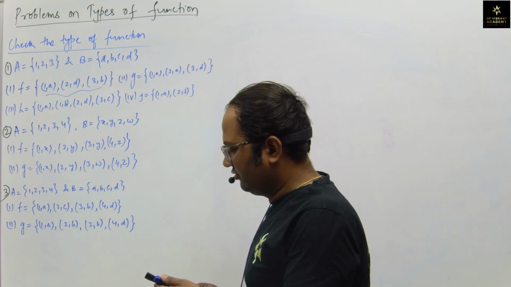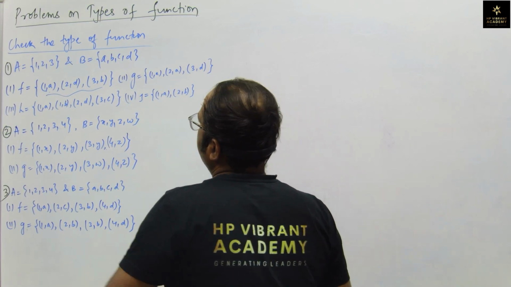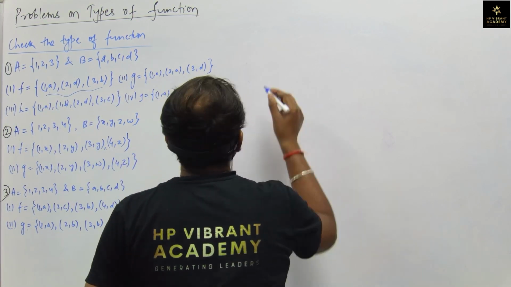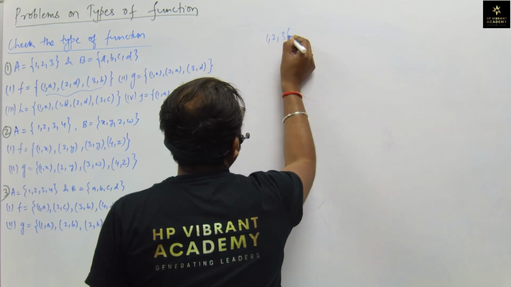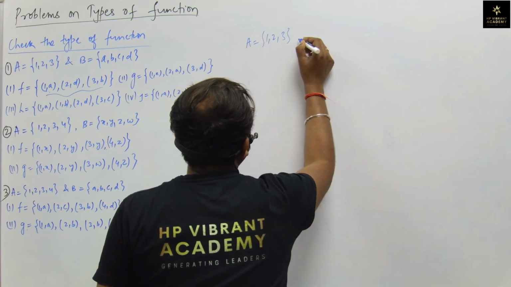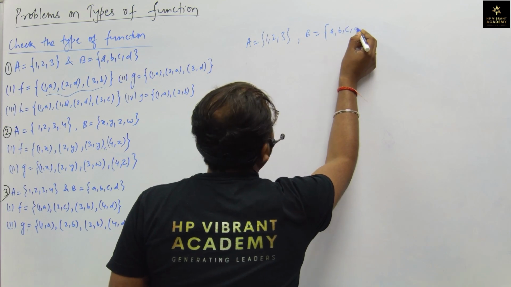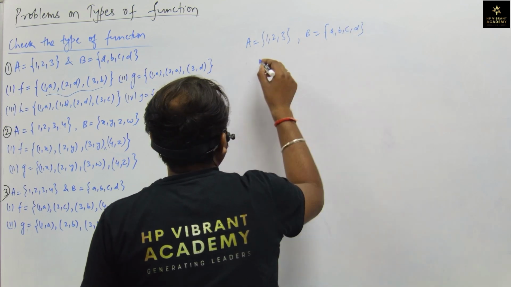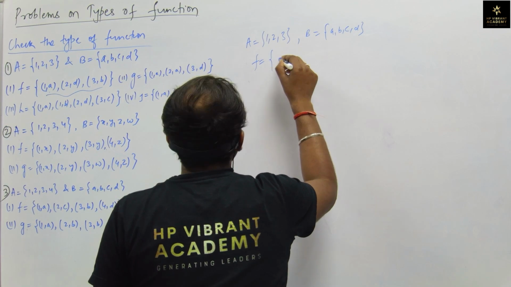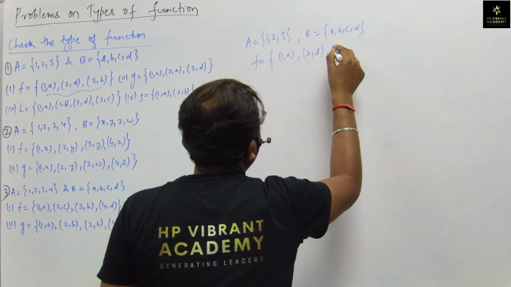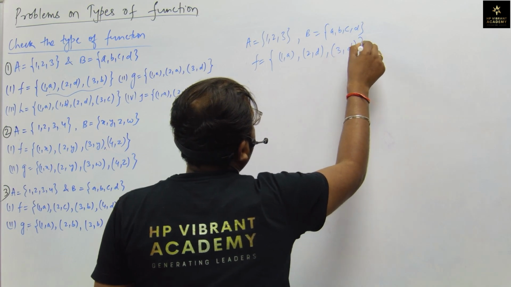Okay, so we have the set A, and the elements in set A are 1, 2, 3. And in set B we have the elements A, B, C and D. The function f is given as f = {(1, A), (2, D), (3, B)}.